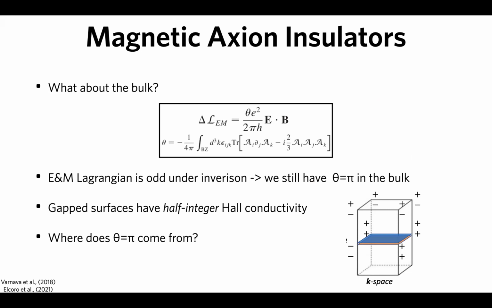What this means for the surfaces, if I look at this field theory and look at what happens when I go from a topological insulator to a trivial insulator, this theta jumps and it leads to these gapped surfaces, which no longer have any hinge states, having a half integer anomalous Hall conductivity, which is not something you can have in an isolated 2-dimensional system.